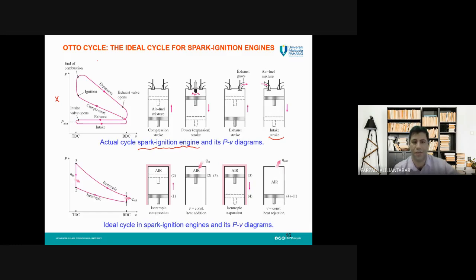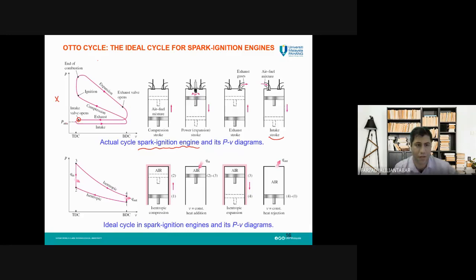Okay, so you can see in the PV diagram first here, intake valves open. Due to this opening of the valve, pressure drops. Initially, when the piston is in its top dead center, pressure inside the cylinder is equal to pressure outside of the cylinder, which is atmospheric pressure.